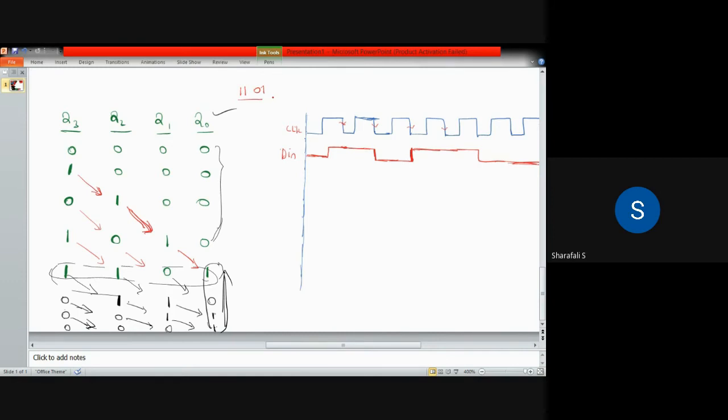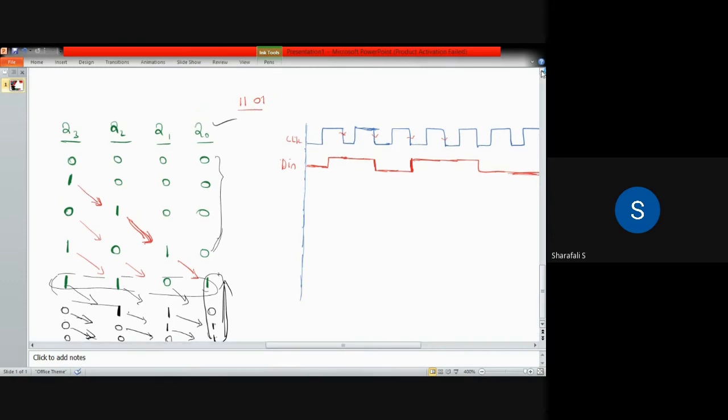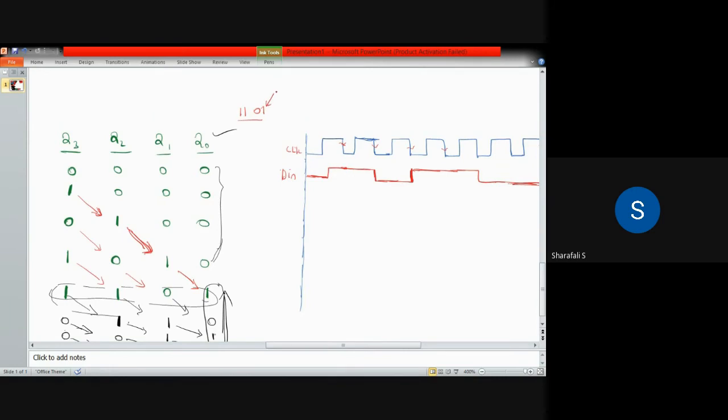Okay. And remember that this is the least significant bit, LSB, as I said. This is the most significant bit. This one is less important, and this one is most important. So this is the most significant and this is the least significant bit.